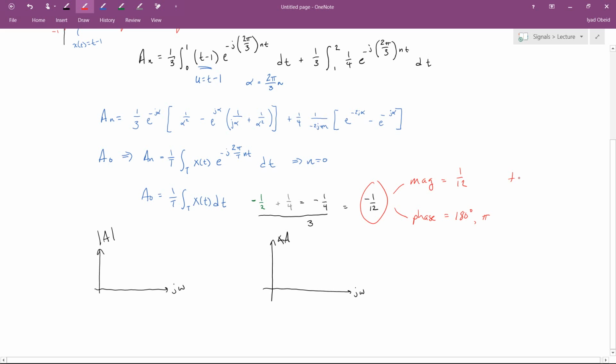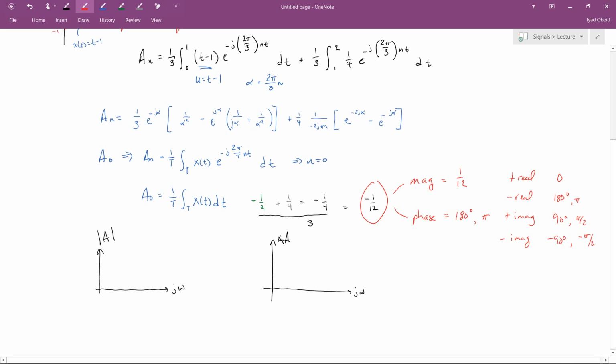So remember, positive reals have phase of 0. Negative reals have phase of 180 degrees or pi. Positive imaginary have a phase angle of 90 degrees or pi over 2, and negative imaginary numbers have a phase angle of minus 90 degrees or minus pi over 2.